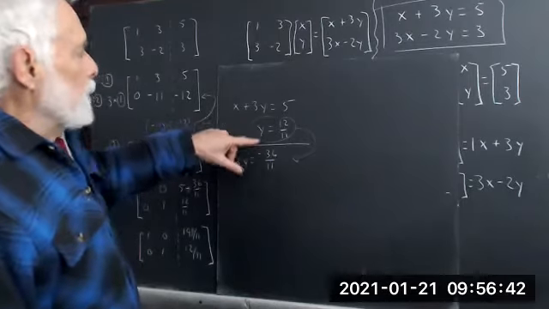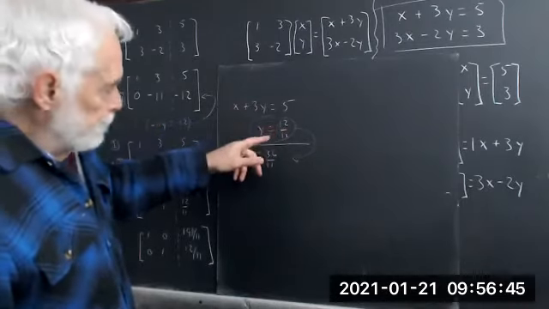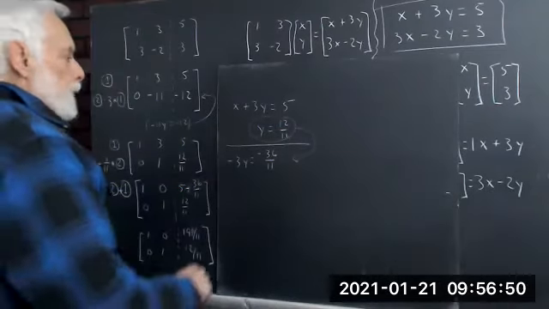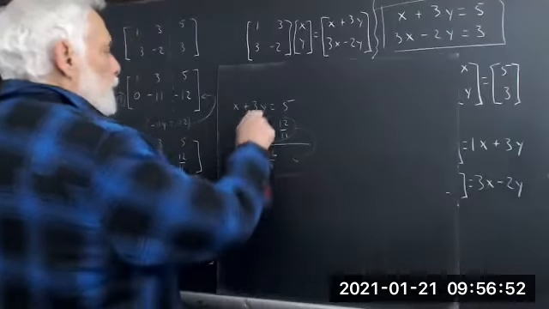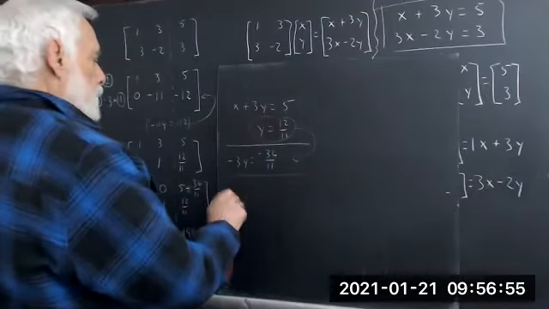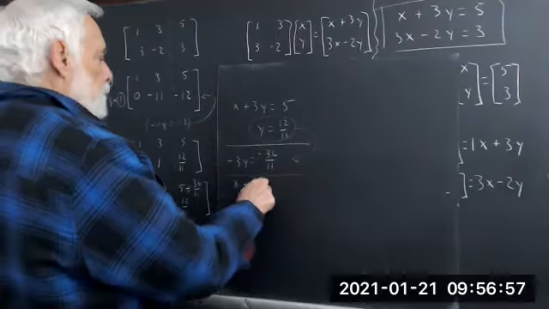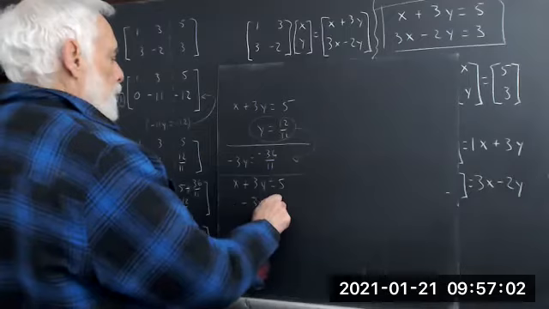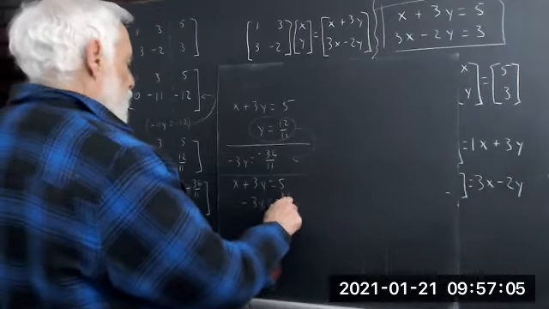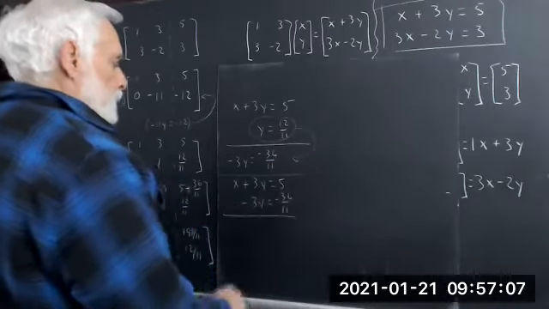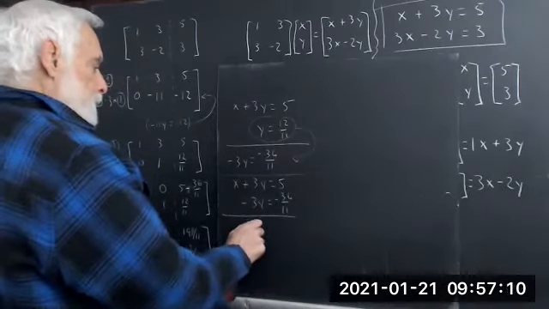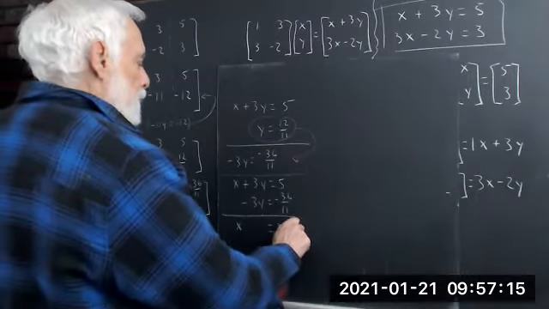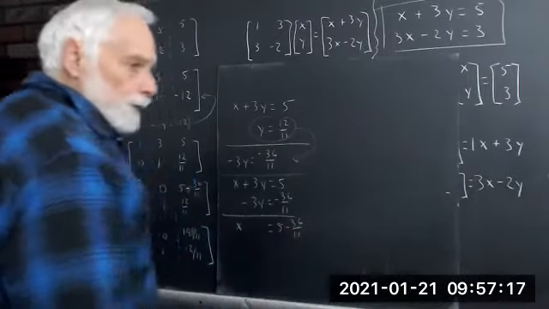So I could have multiplied this equation by -3, and then I could have added that to this equation, so that x plus 3y equals 5 and -3y equals -36/11 adds up to x equals 5 minus 36/11.